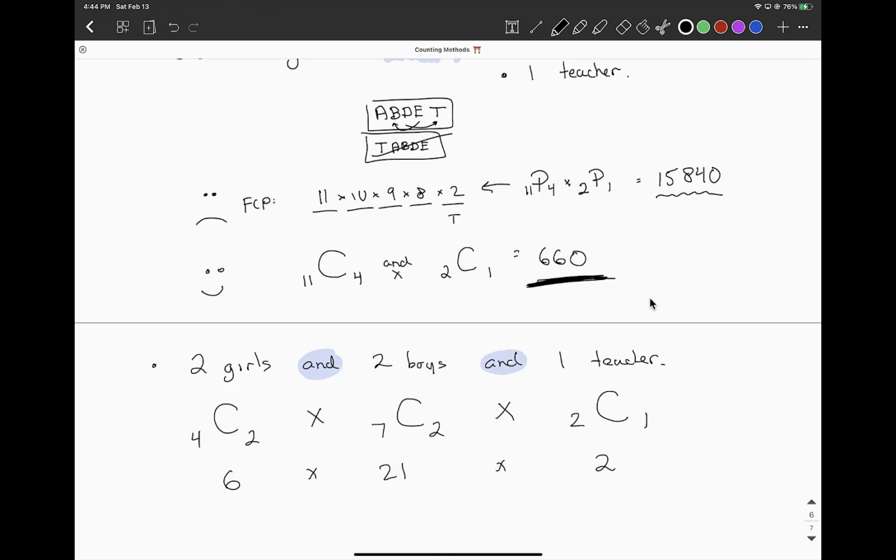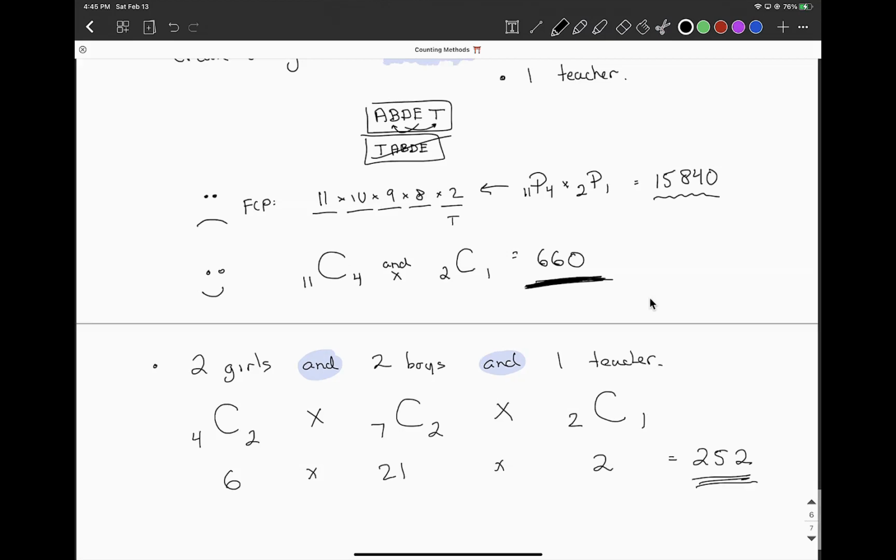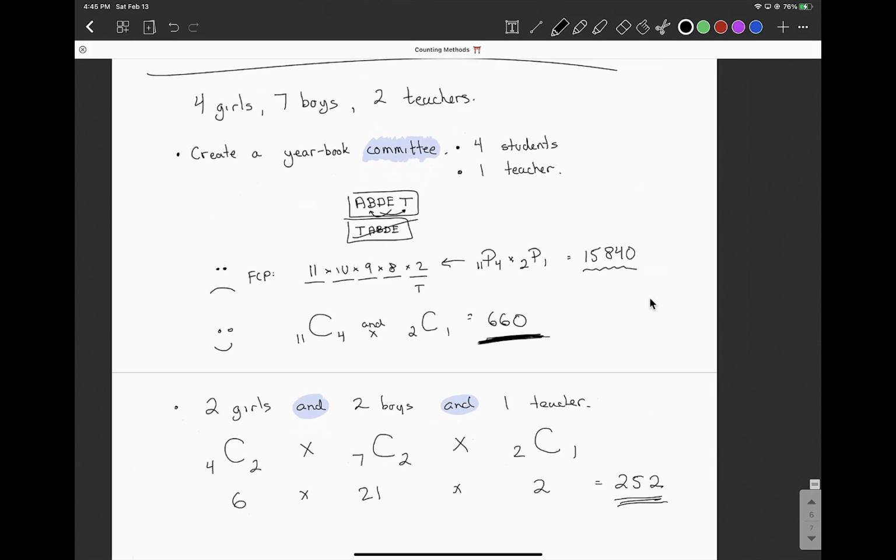This comes out to 2. And 6 times 21 times 2 tells us that there would only be 252 different committees where there was exactly a balance of 2 boys, 2 girls, and the 1 teacher who would supervise this committee.